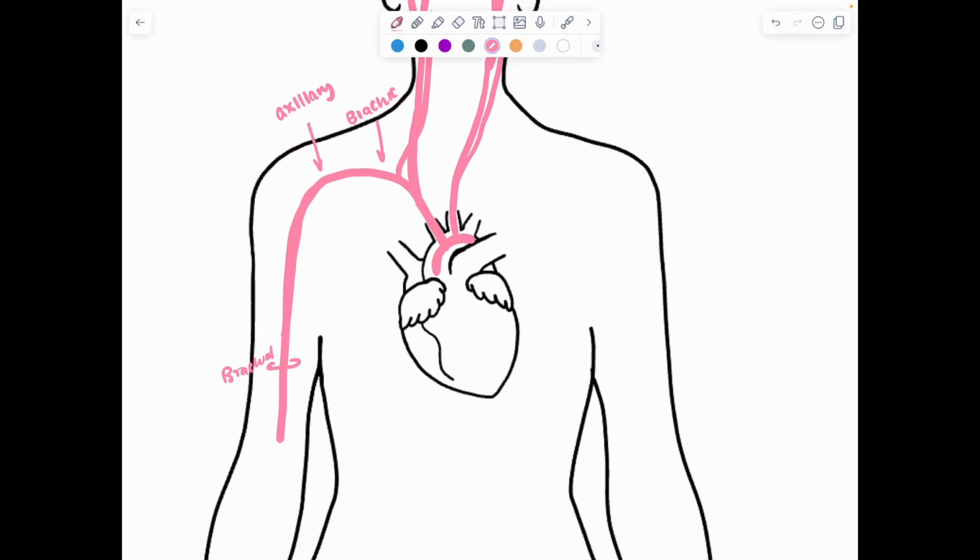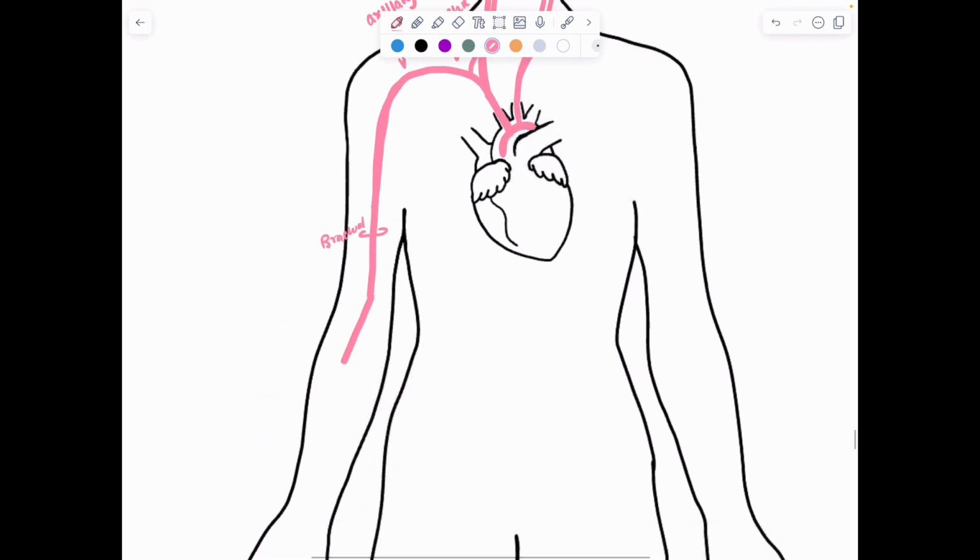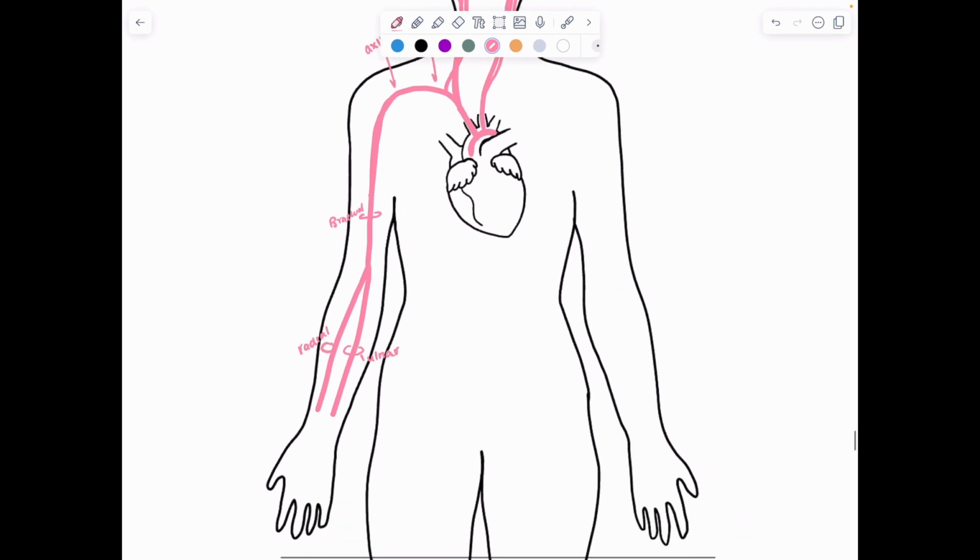And it'll continue down until it splits into my radial and ulnar arteries. My ulnar is going to be on the ulna side, and then the radial will be on the other side. And then that's going to become a palmar arch, and that's how we get blood out. And then we have digital arteries.